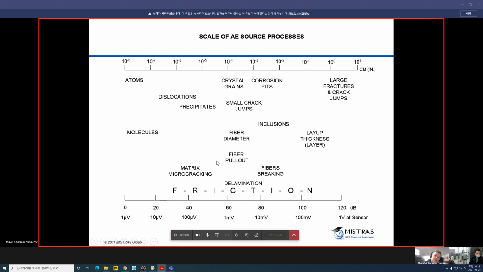So when we start to increase the amount of matter in the material, if we have dislocation movement or precipitate or the microcracking of the martensite, you see the microvoltage equivalent of those movements increases, and so then the amount of decibels.